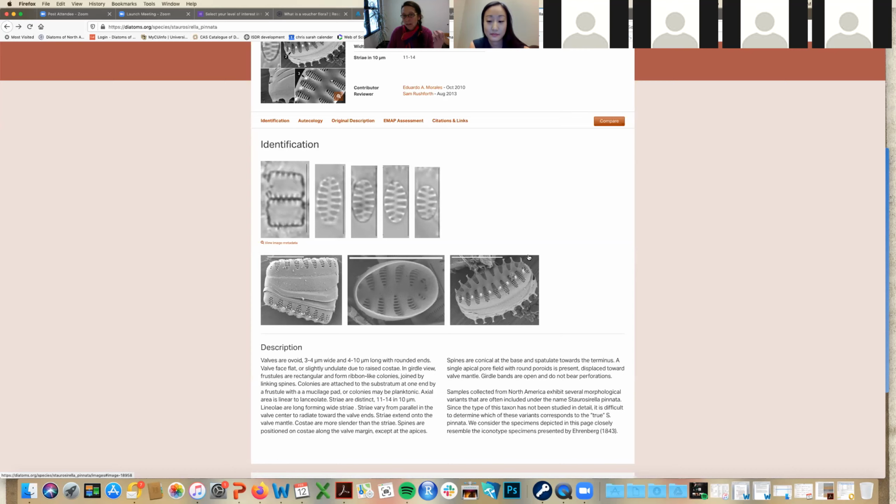So this diatom is often considered to be mero-planktonic, M-E-R-O planktonic. So it can be benthic, but it can also survive in the plankton. So it's not one that's going to be particularly picky about the habitat where it lives. It's able to go across benthic and planktonic habitats.